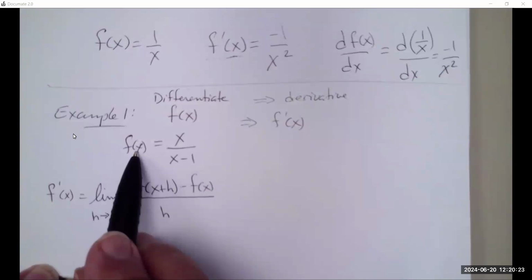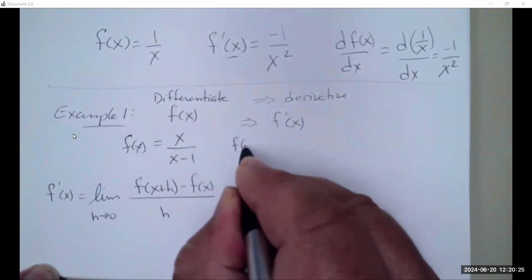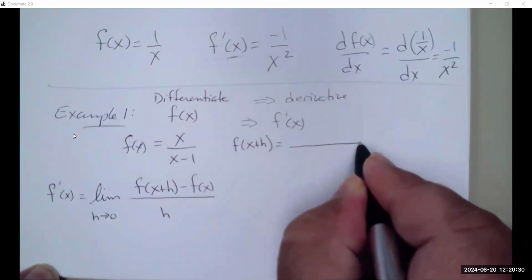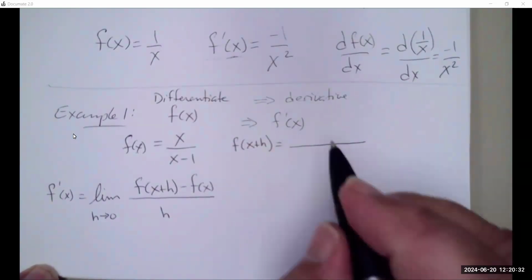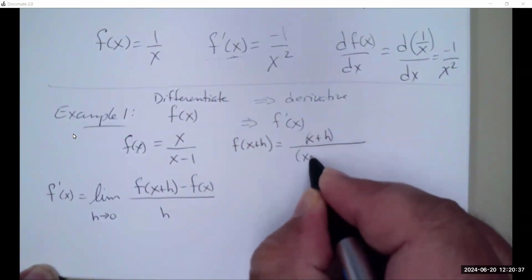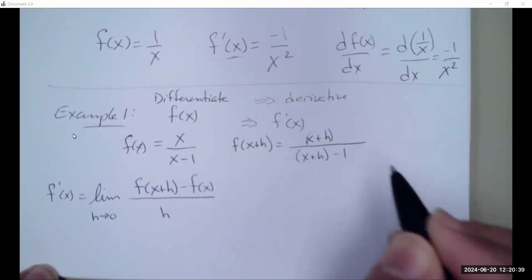I have f of x, so I have to find f of x plus h, which is x plus h over x plus h minus 1.